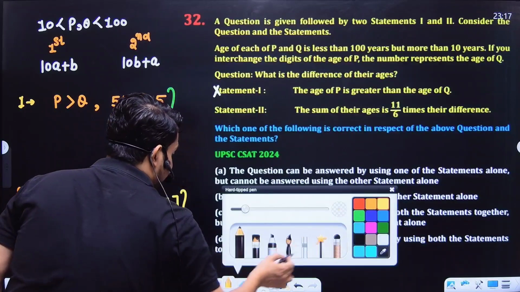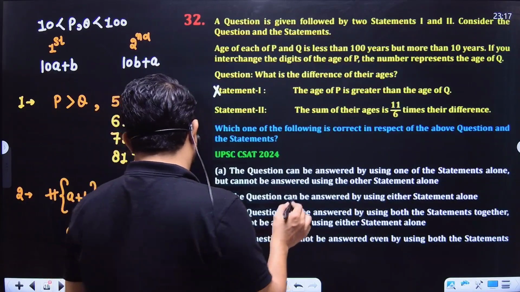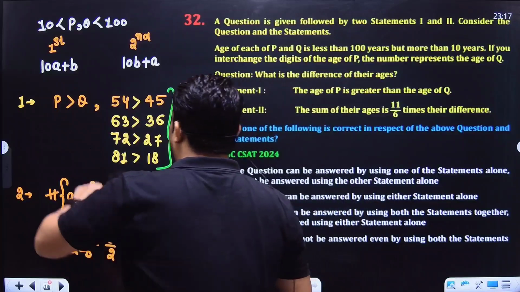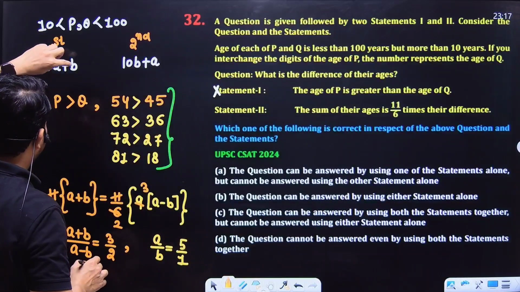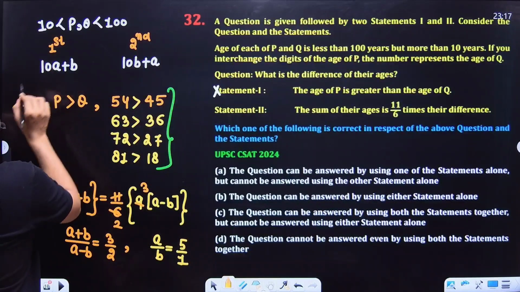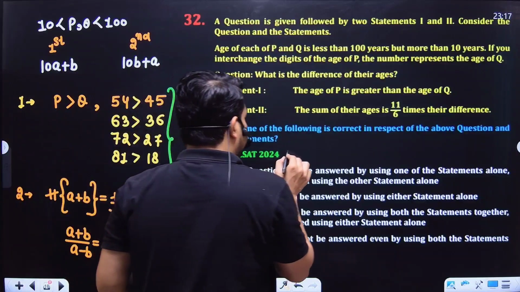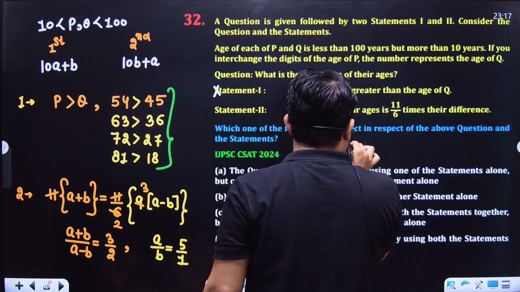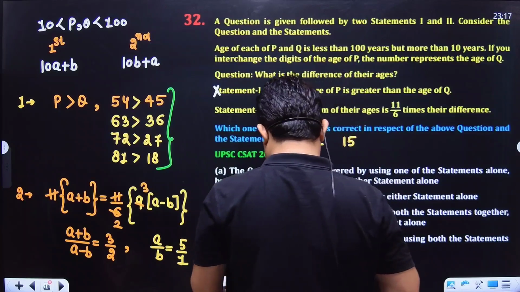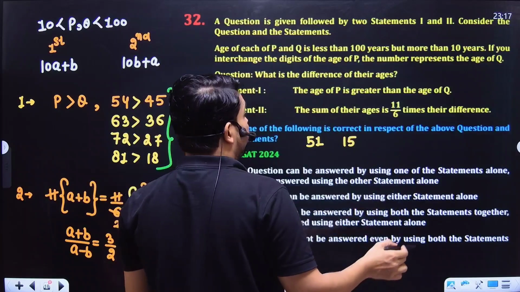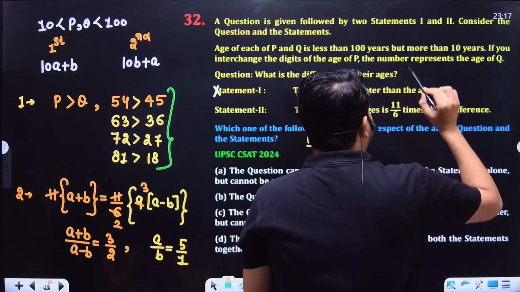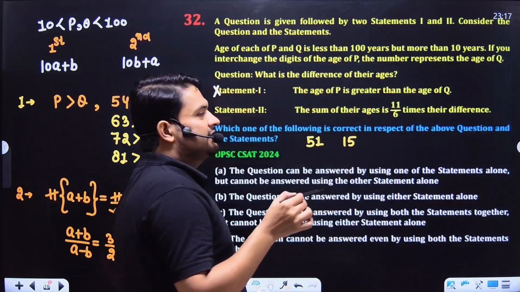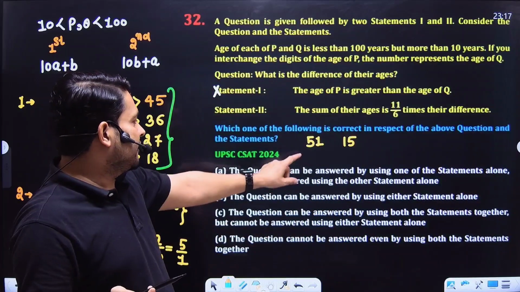It means that if I put A equal to 5 and B equal to 1, I will get 51. If 51 is the age of one person, then 15 is the age of the other person. But I have to tell the age of Q, and I cannot tell.